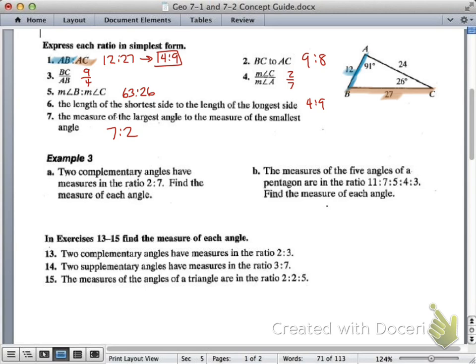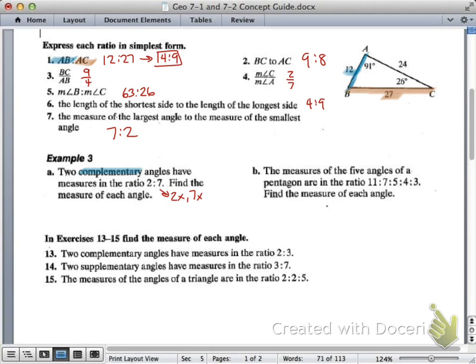Okay, example 3 here gives us a good way that ratios can be used. Two complementary angles have measures in the ratio of 2 to 7. Find the measure of each angle. So here's what we're going to do. When you see a ratio like this, you're going to throw in a variable and create this expression of 2x and 7x from the ratio 2 to 7.